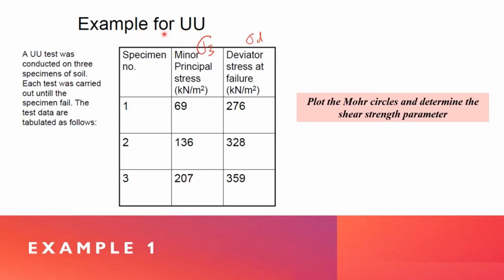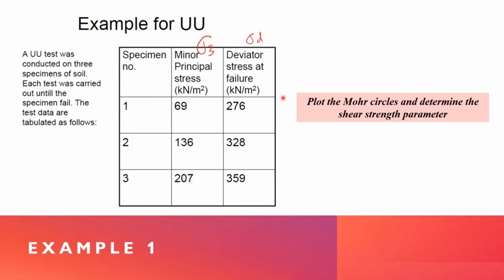Therefore there is no change in volume, so the circles corresponding to each specimen will have the same size, and in the end the failure line would be horizontal to your x-axis.